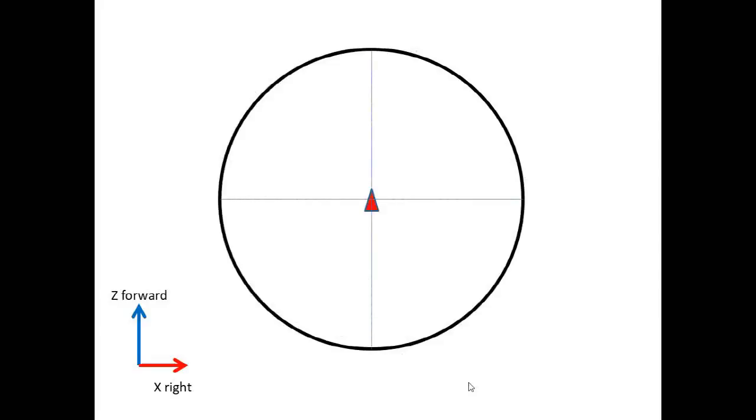So just put a bit of detail in there. So the quadrants, what they demarcate is that here X is 0 and here Z is 0, because the ship is in the middle at the 0, 0 point. So we can also imply from that here X is greater than 0 and Z is also greater than 0. Here X is greater than 0 but Z is less than 0, and so on around.